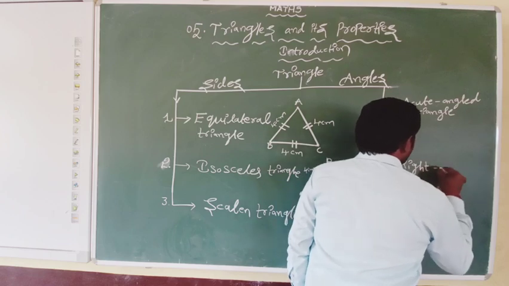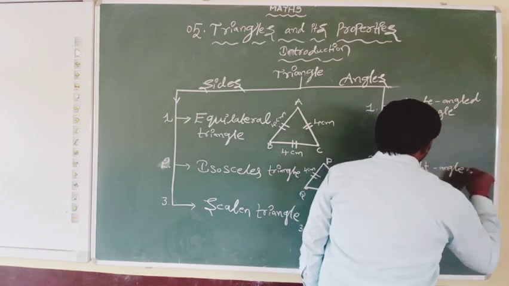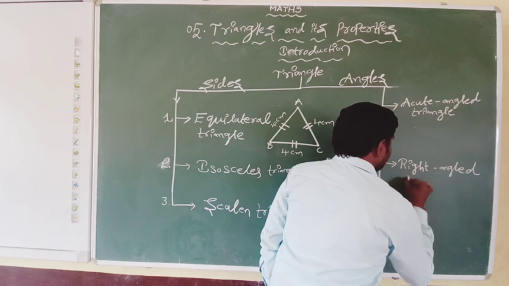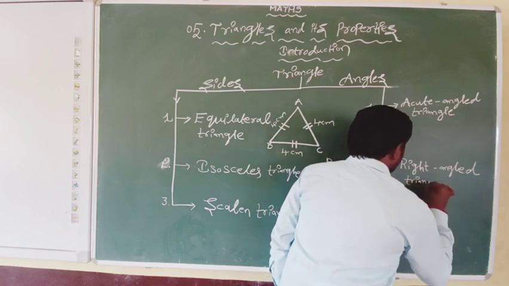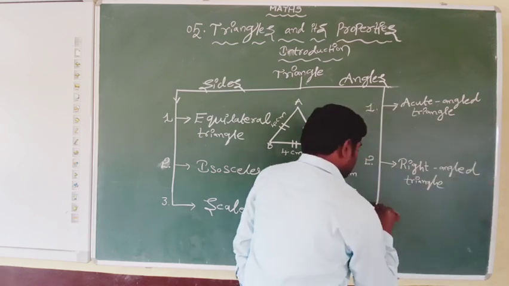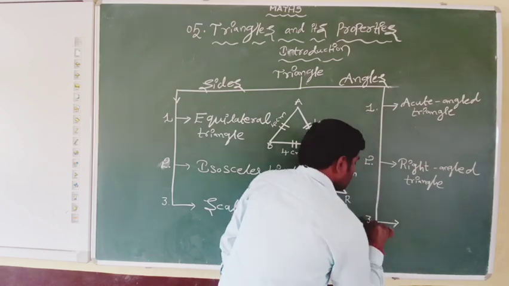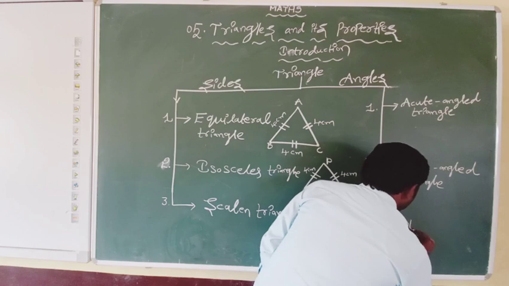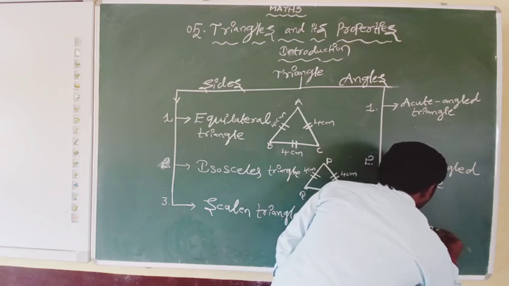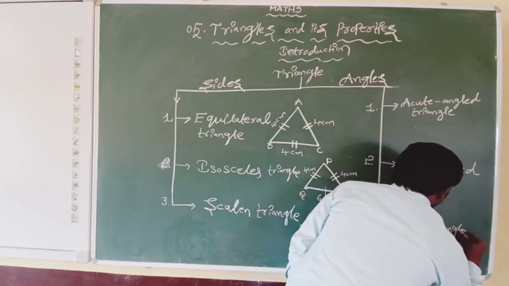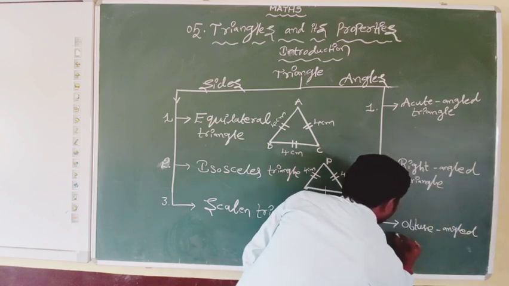The next one is right angled triangle. Then the third one is obtuse angled triangle.